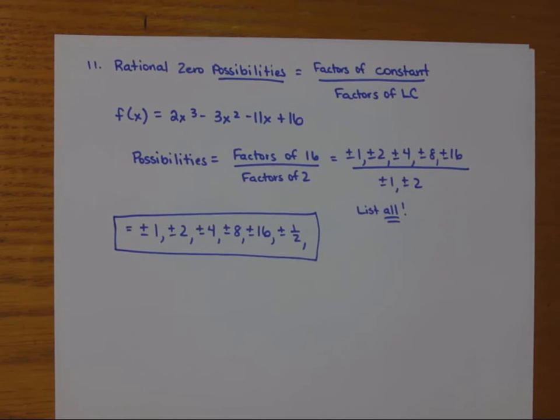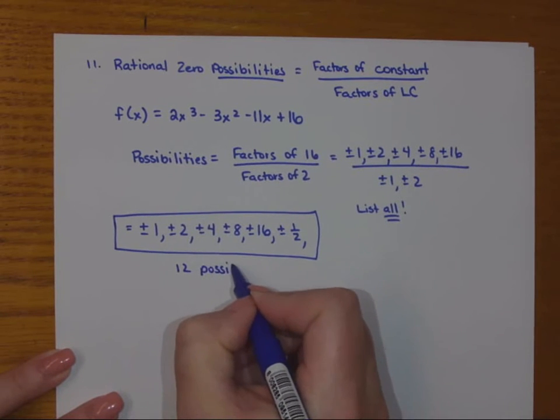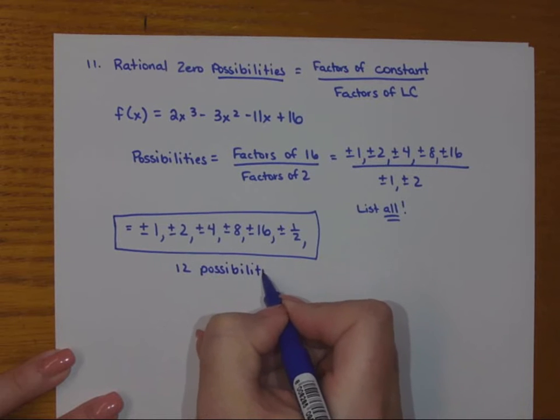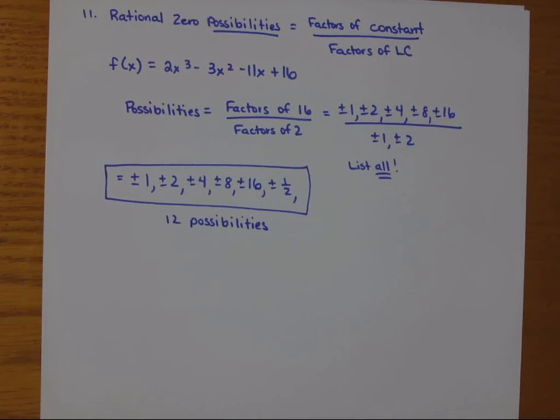Note that this is actually 12 possibilities. It's 6 numbers, but it's the positive and negative versions of each. So that's still a lot of things to try with synthetic division, but at least it's not a shot in the dark. You have at least a list to look at.